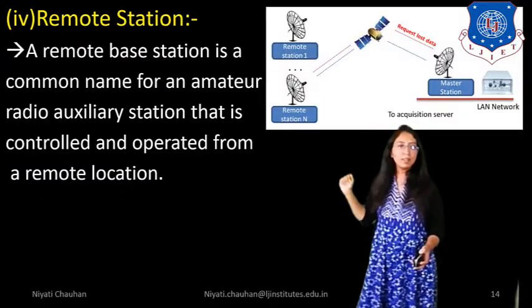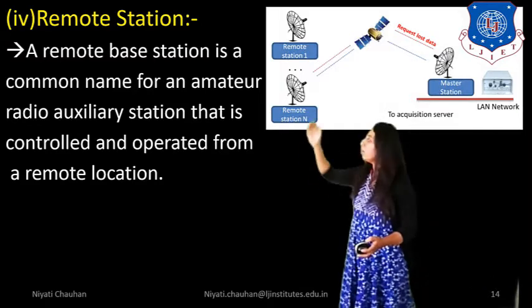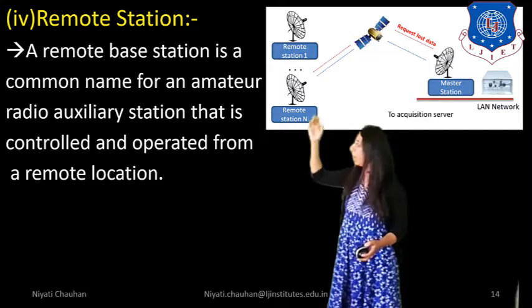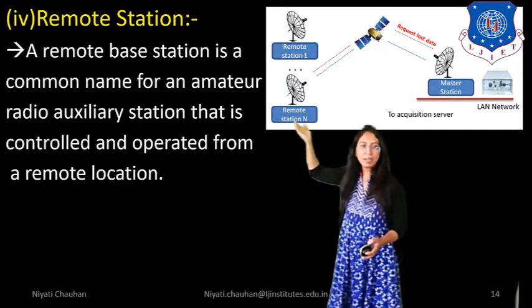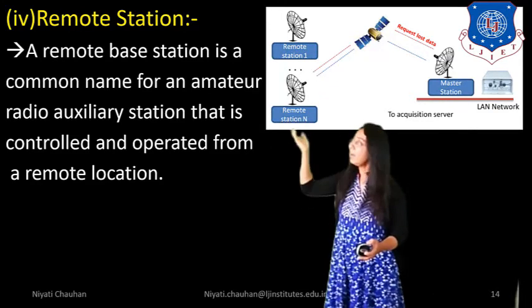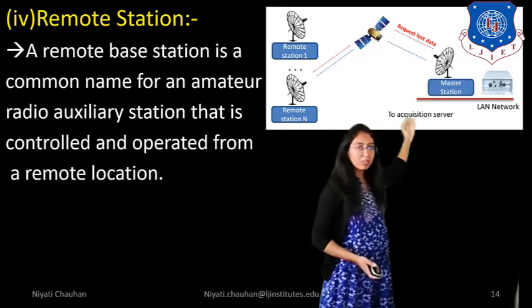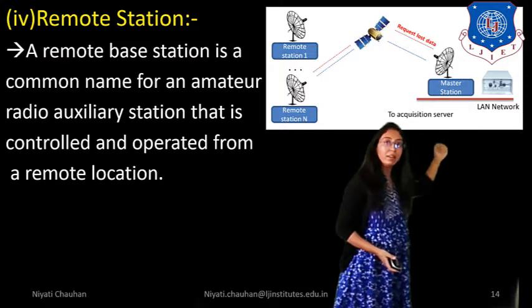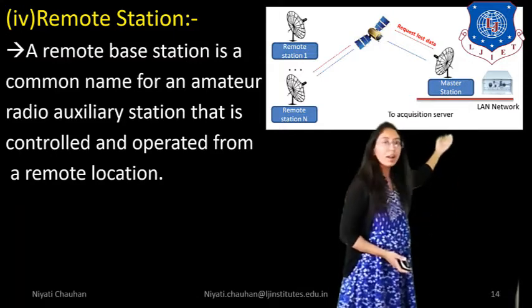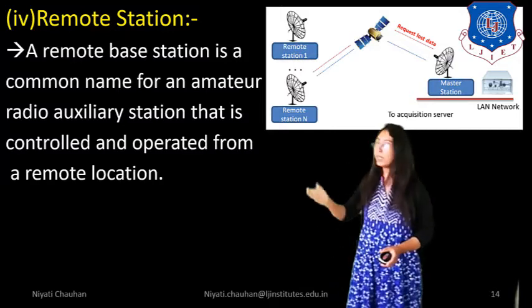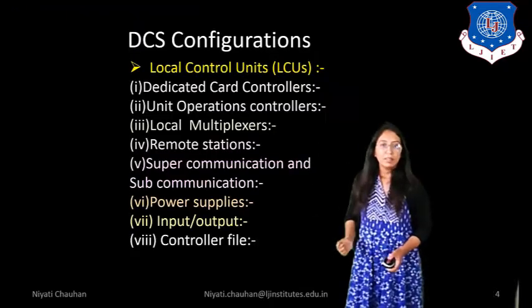Here you can see in the diagram a number of radio stations are available, up to n numbers, and we can send data to the master station. The master station is connected with the LAN, local area network. So through the remote station we can get information.